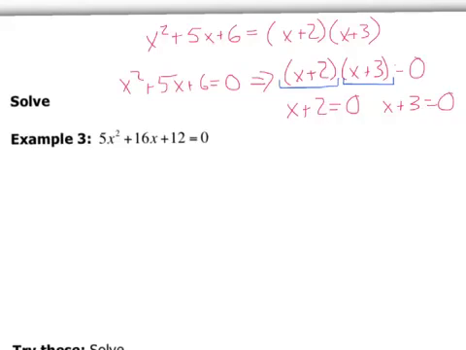Because it's hard to solve x squared plus 5x plus 6 equals 0. But x plus 2 equals 0, I can solve that easily and say x equals negative 2. X plus 3 is easy to solve. I can say x equals negative 3. There are my two answers. So factoring makes solving a lot easier. Factoring is just one method that we have to help us solve.